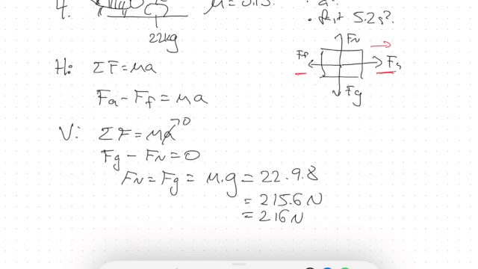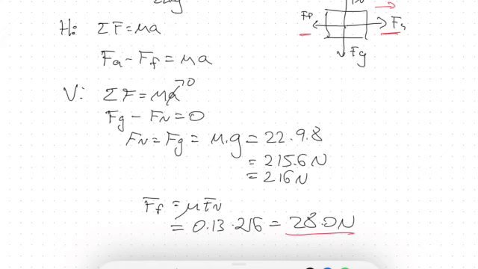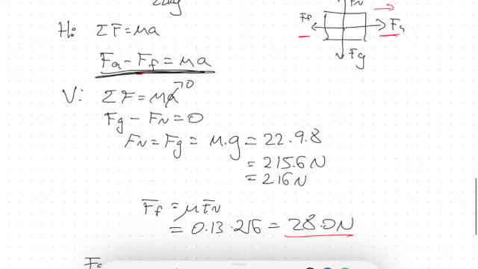So the last step is to remember our equation about force of friction equals mu force normal, 0.13 times 216. 28.0 newtons. And then we plug this number into here. That's equation 1. Draw this equation again.